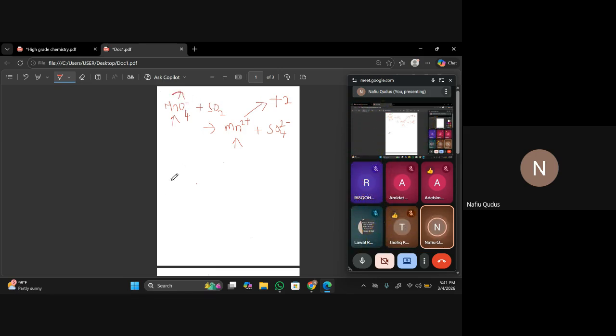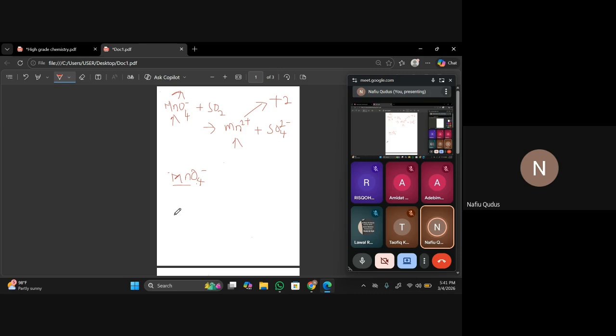So how do we find the oxidation number? We use the oxidation number process. We have MnO4 minus. We want to check the oxidation number of Mn here.